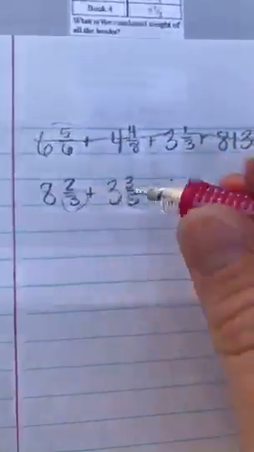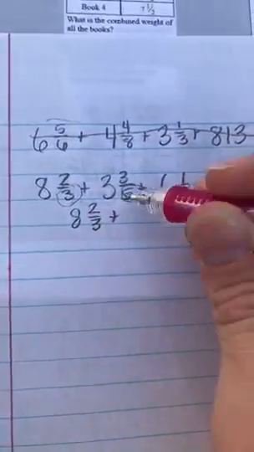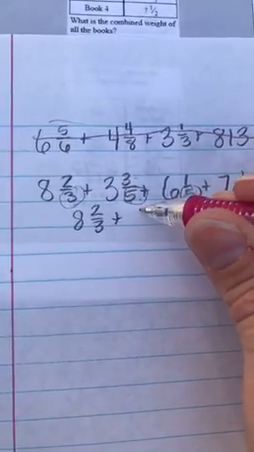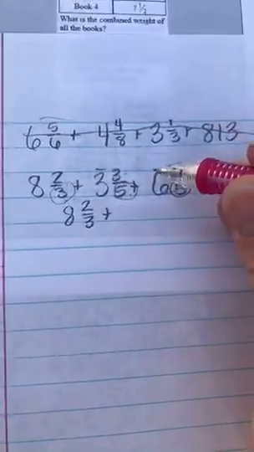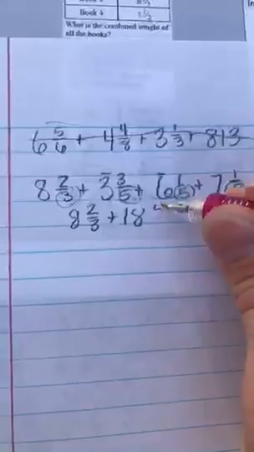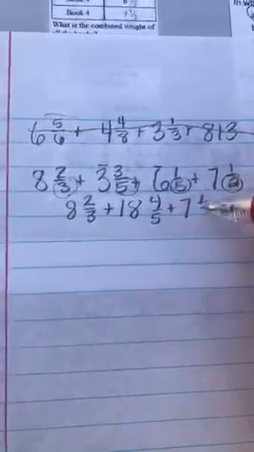So I'm going to go ahead and rewrite all this: 2/3 plus, and I'm just going to join those 2 together. 3 plus 1 is going to give me 4/5, and then I need to make sure that I add my wholes. 3 plus 6 is 18, and then my 4/5 plus 7 and 1/2.